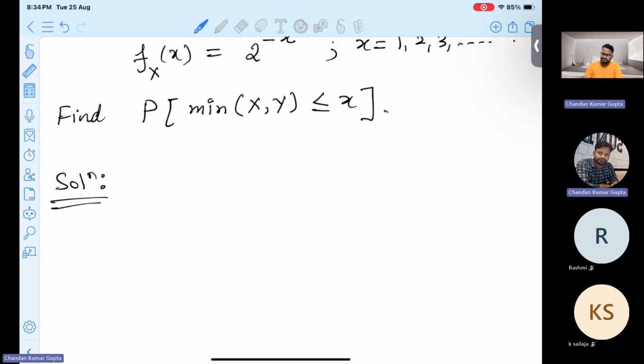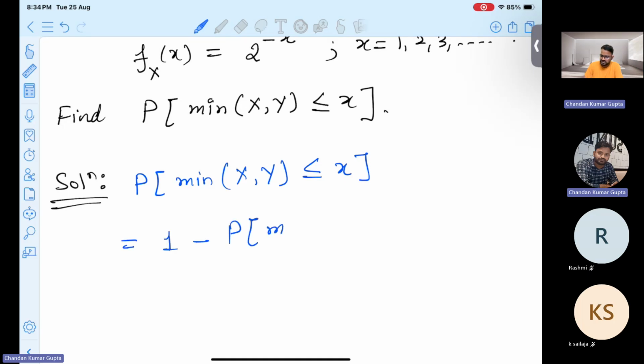We can write it like this: the probability that the minimum of X, Y is less than or equal to x can be written as 1 minus the probability that the minimum of X, Y is greater than x. Simple. If it is less than or equal to x, then it's 1 minus greater than x. This is the complementary property of probability.